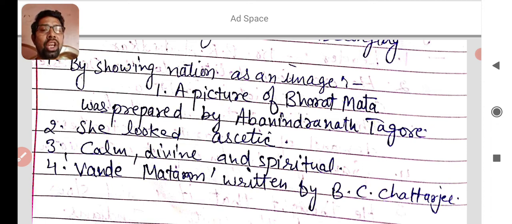Here is another question in your NCERT exercise. Compare the picture of Bharat Mata and Germania of Germany. While comparing, you will write that in Bharat Mata, the picture prepared by Abanindranath Tagore and Bankim Chandra Chatterjee, Bharat Mata was looking ascetic, calm, divine and spiritual, and she was wearing a red dress with a tricolor.